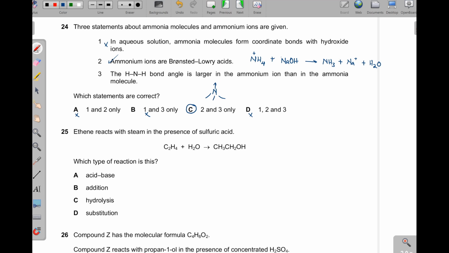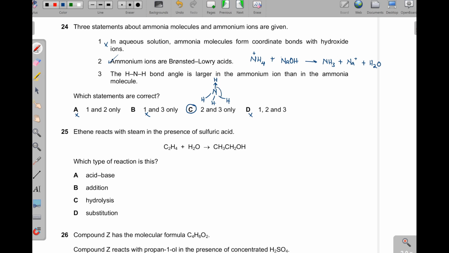So remember, the lone pair of electrons here is donated to the hydrogen ion. So we have something like this in ammonia. So the electrons are donated to the proton here. Remember, hydrogen has lost its electron, so it's only remaining with a proton. That is why hydrogen ions, we call them protons. And then here we have hydrogen, and hydrogen.